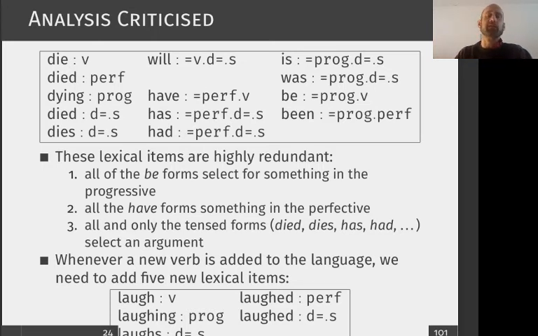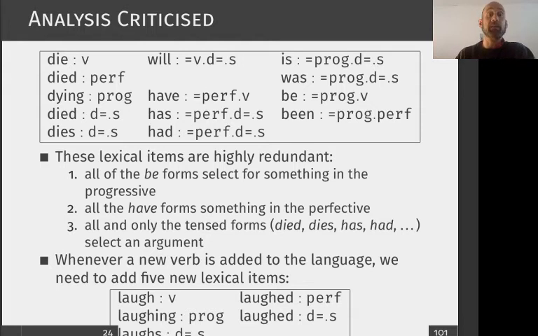But let's look at these. All of the be forms, their feature bundles are similar. They all start with equals prog. Look at that. All of the have forms, their feature bundles are similar too. They all select for an equals perf. All and only the tensed forms, died, dies, has, had, is, was, only these guys and all of these guys select an argument, a D, and also will.